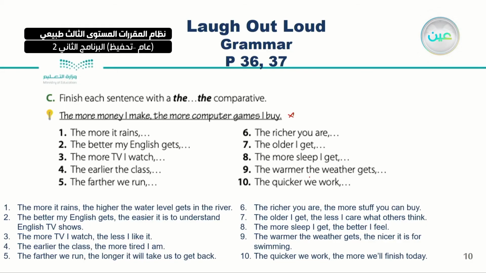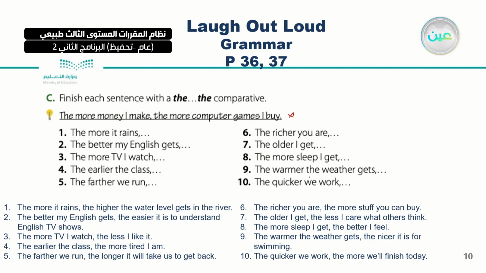The more it rains, the higher the water level gets in the river. Number 2, the better my English gets, the easier it is to understand English TV shows. Number 3, the more TV I watch, the less I like it. Number 4, the earlier the class, the more tired I am.